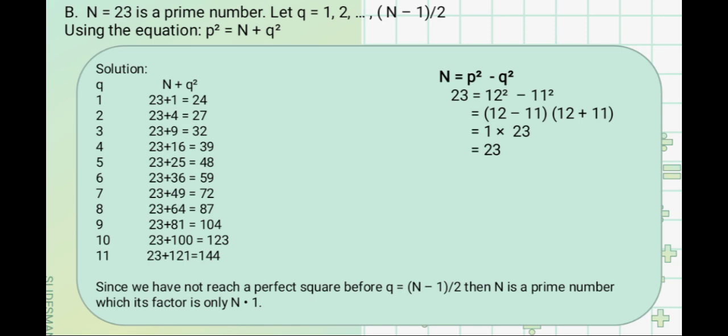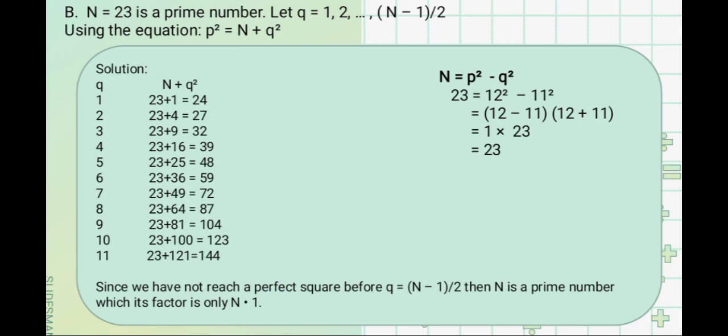Pasabot, if isubstitute nato ning (n minus 1) divided by 2, so we have 23, 23 man atong n, no? So we have 23 minus 1 divided by 2. So 23 minus 1 is equal to 22 divided by 2 is equal to 11. That's why we are going to stop calculating sa ato ang Q sa number 11.